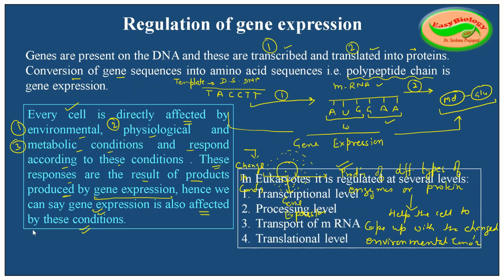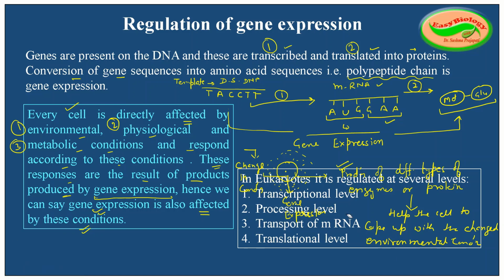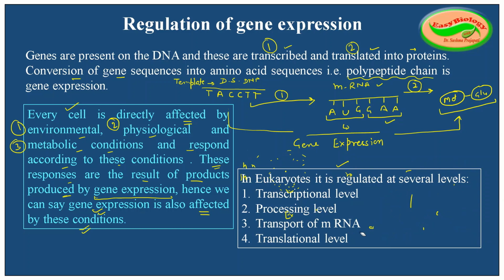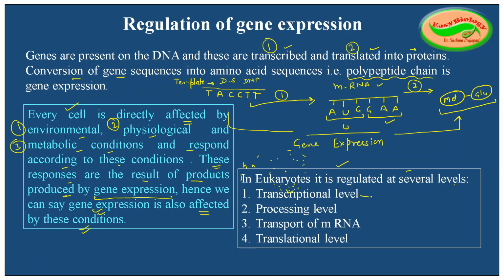In eukaryotes, gene expression is regulated at several different levels. Number one is the transcriptional level, during the conversion of DNA into messenger RNA.